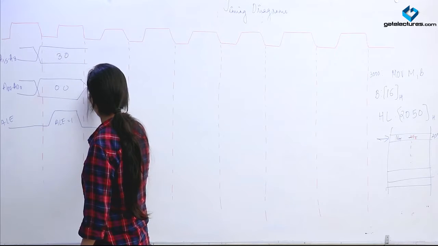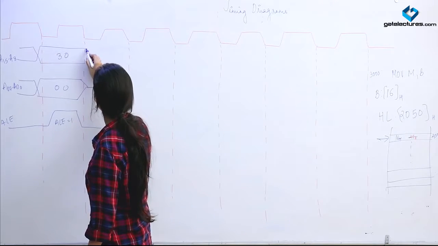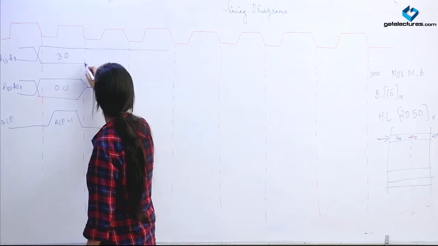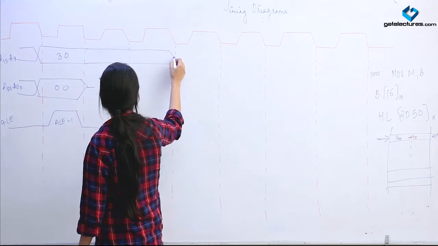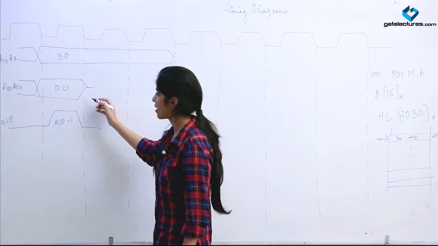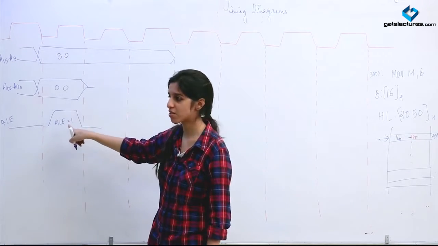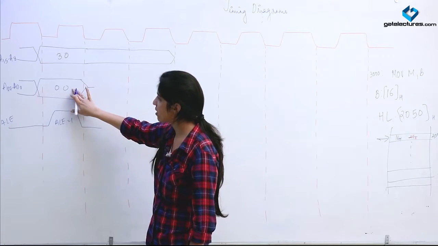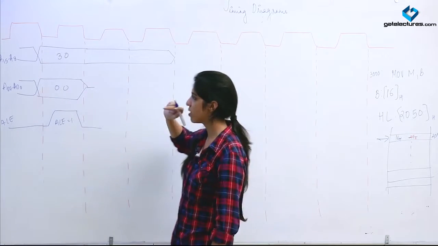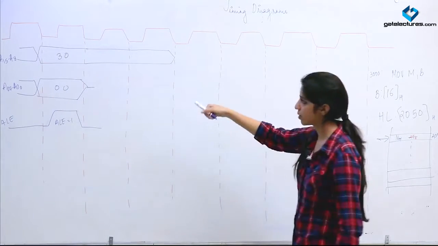Now what happens in the next cycle? As soon as you make ALE 0, that is, the address latch is not enabled, this does not behave as an address bus and behaves as a data bus. What data comes on this data bus?